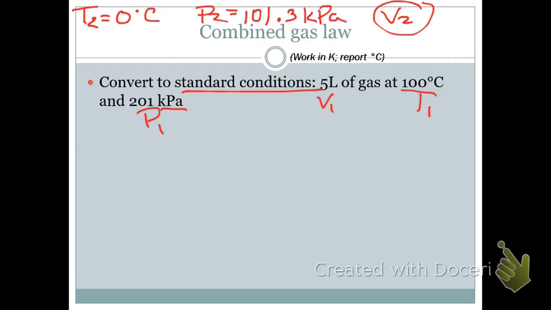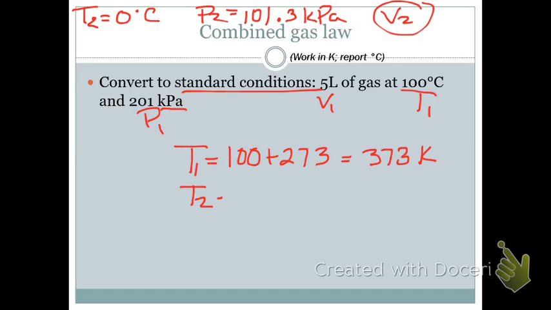I'm going to fix my temperatures. So T1 is equal to 100 plus 273, which is going to give me 373 K. And of course T2 is 0 degrees Celsius plus 273, which is going to be equal to 273 K. All right.